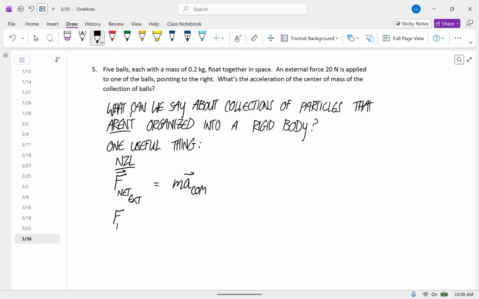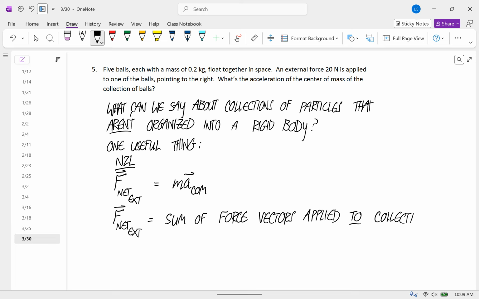So F net external is the sum of the force vectors applied to the collection by things outside the collection.